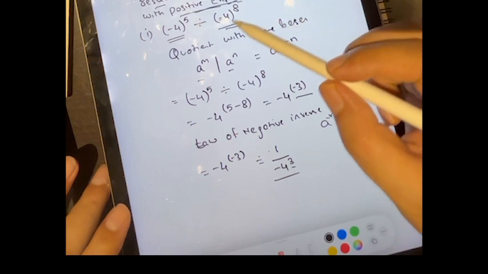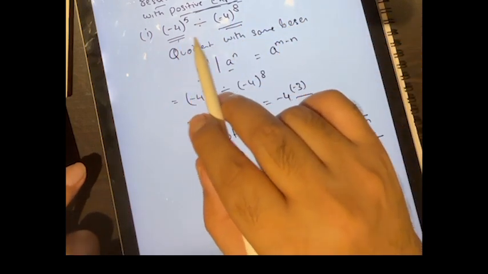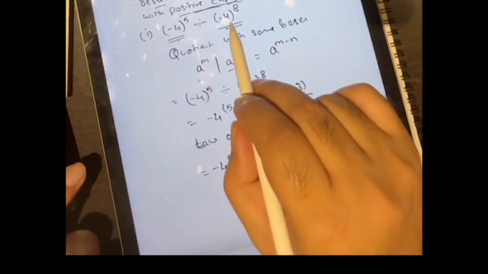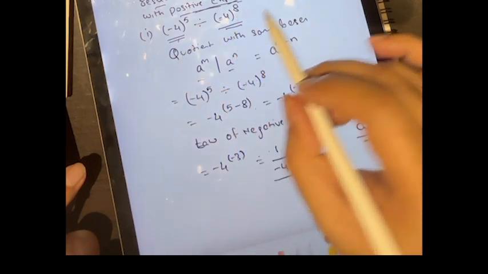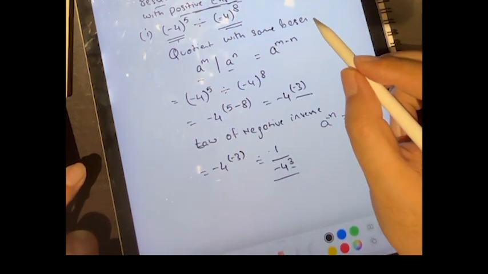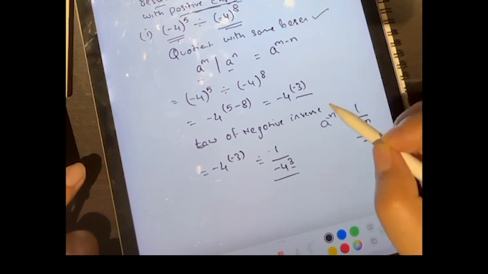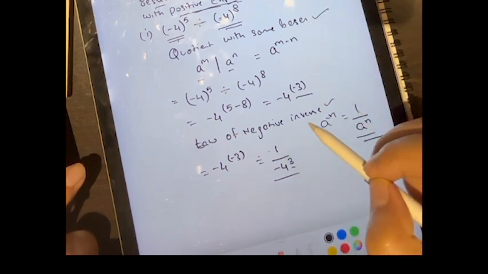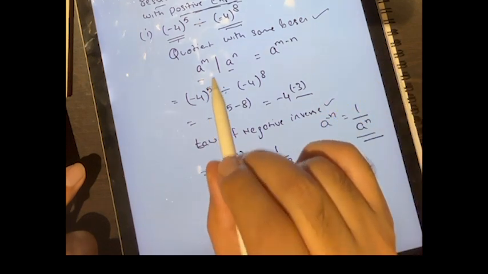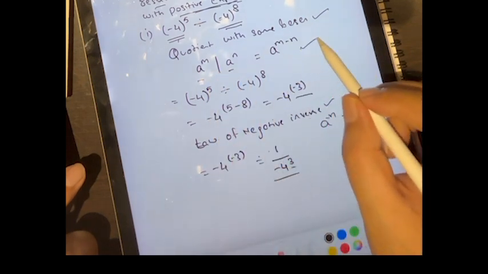The question was to solve the expression over here, which has same bases, and we applied two laws of exponents. One is the quotient with the same base, and the other one is the negative inverse. In the quotient with the same base, you can give this kind of a treatment.